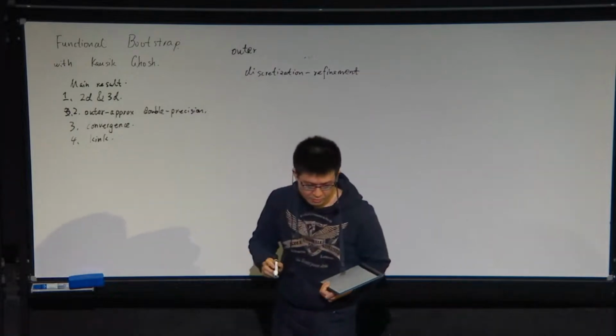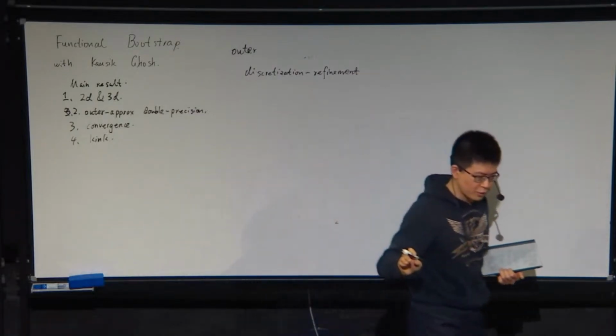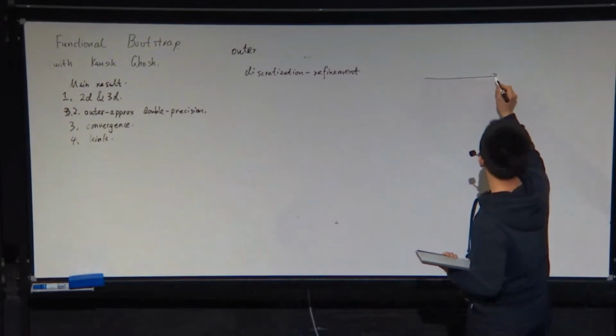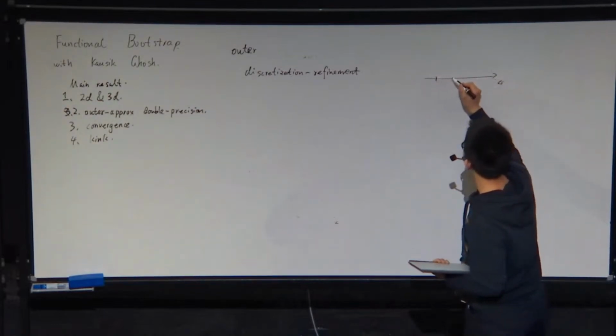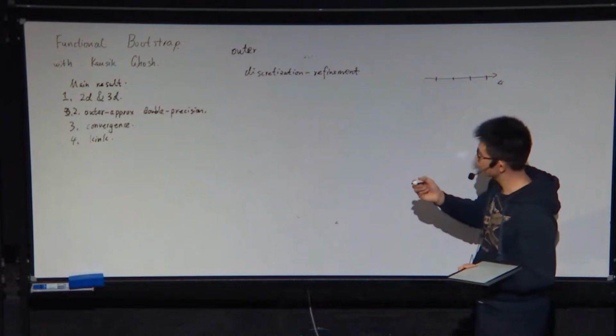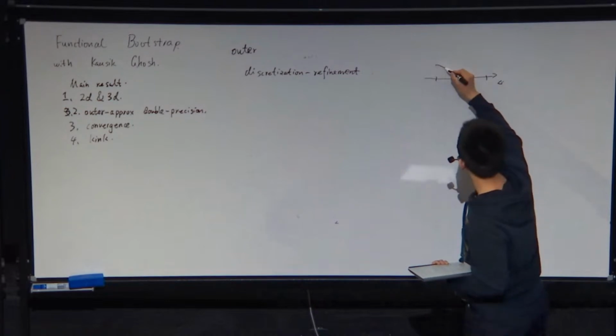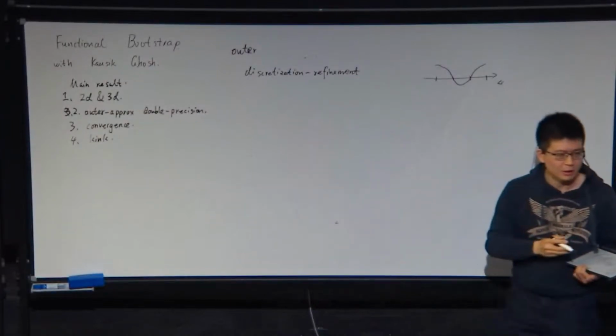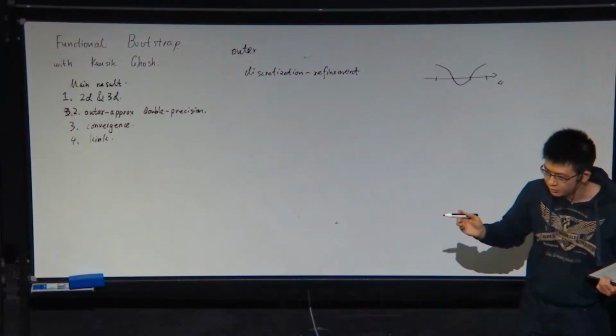What does this mean? In the early days of numerical bootstrap, we were using discretization. Say we have a delta table, and we test the positivity on the different grid. But this is not good enough because our functional may look like that. On the grid, they are always positive, but among the grid points, they are not positive.